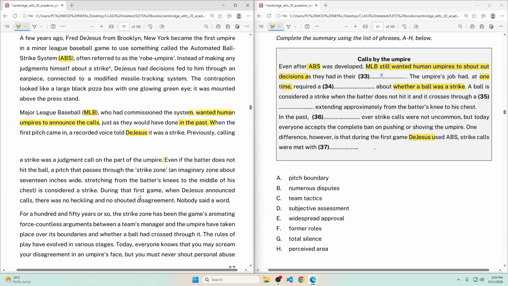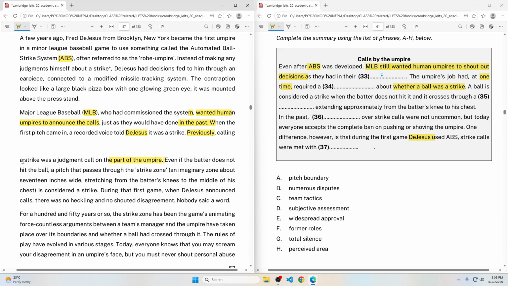The umpire's job had at one time required, at one time meaning previously. Part of the umpire means umpire's job.